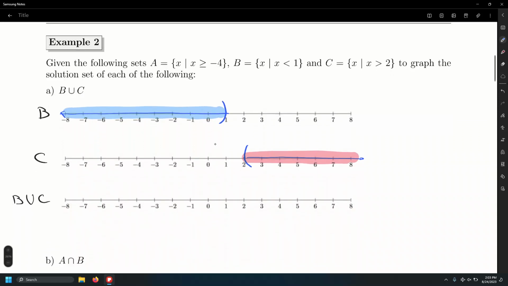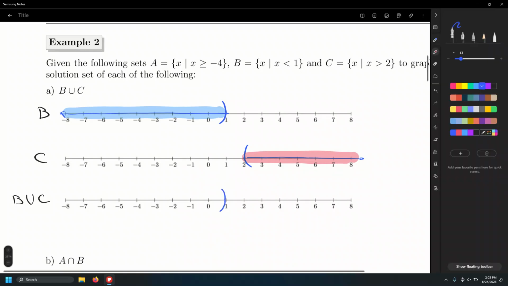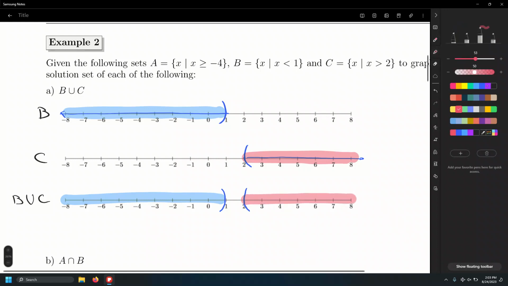So essentially, drop this shading in blue to the last one, to the third number line, like this, all right?